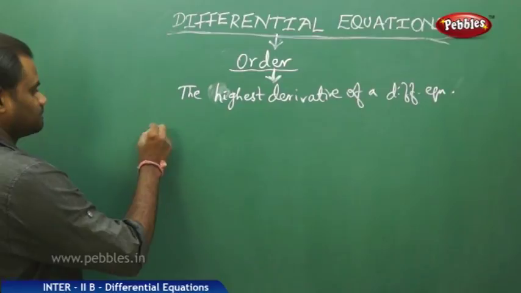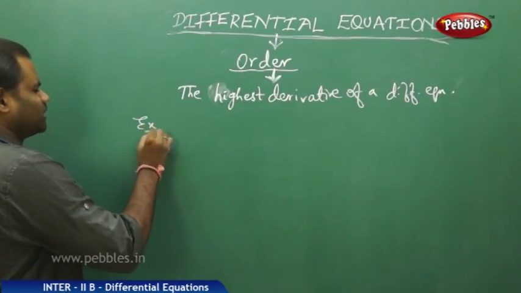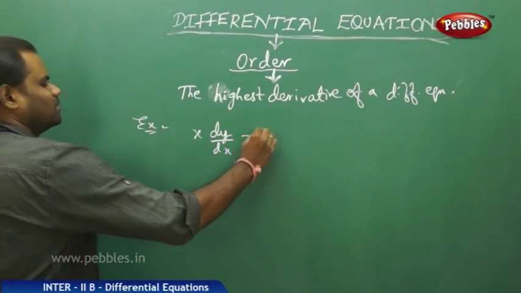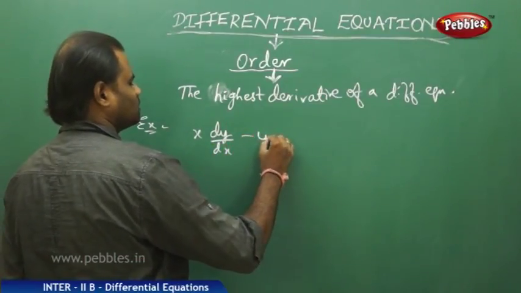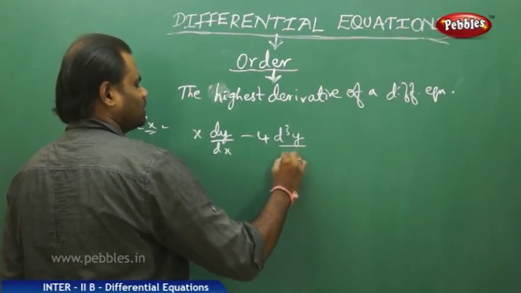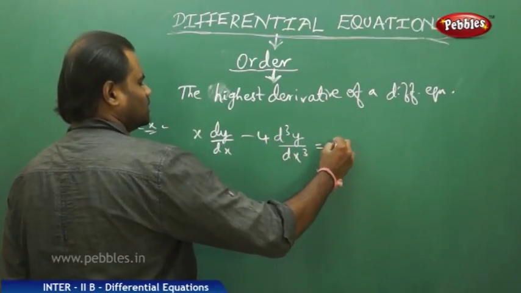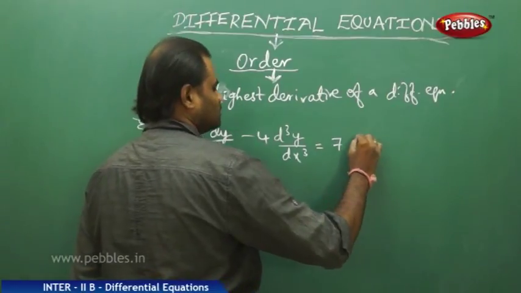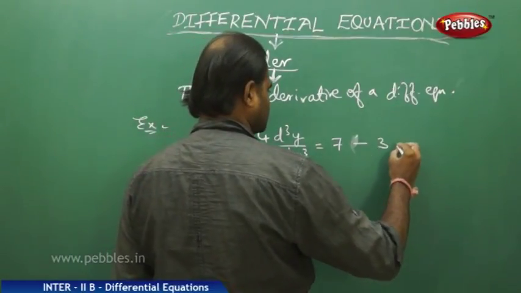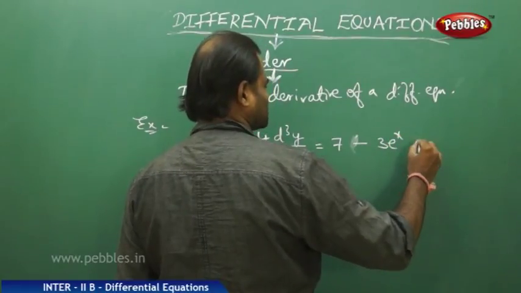That is, for example, if I take x dy by dx minus 4 d cube y by dx cube is equal to d seventh y by dx seventh minus 3 e power x.